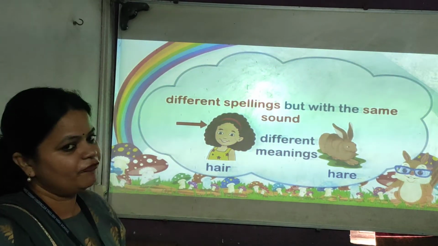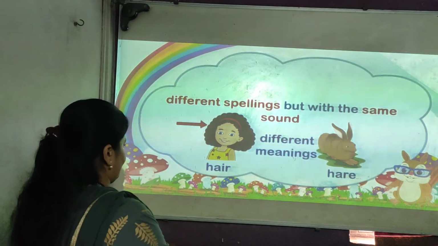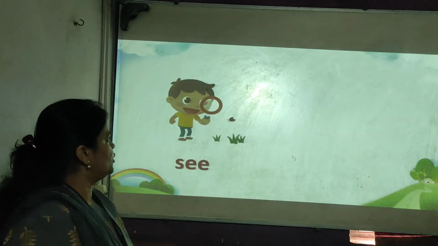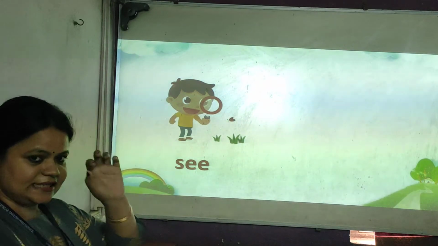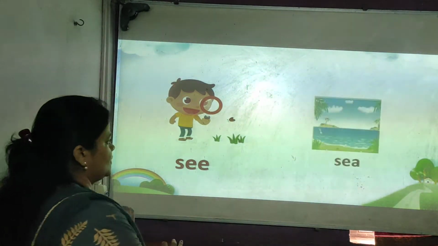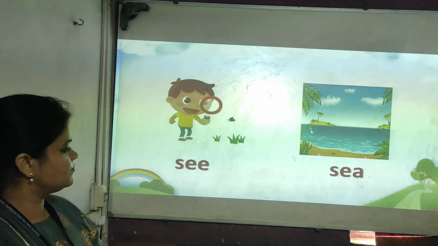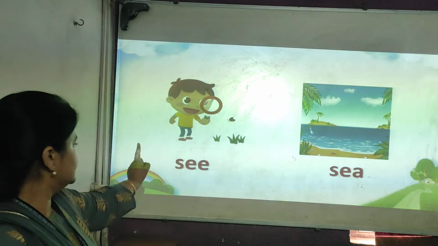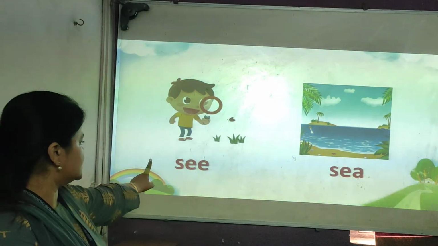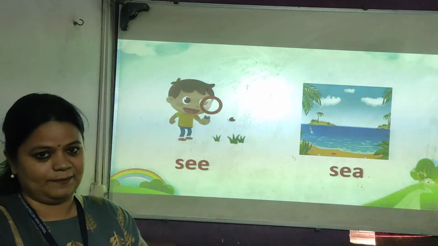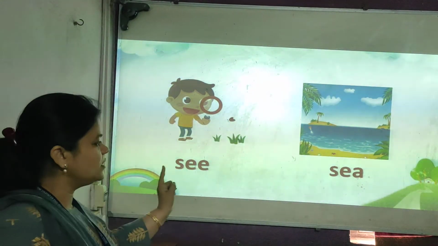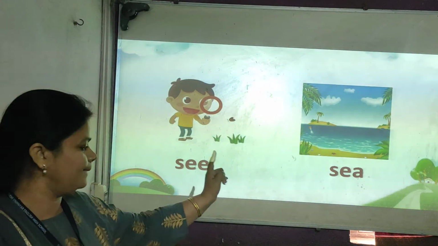So let's see a few examples of this topic. What do you see here? A boy is seeing. In the next picture, see. When you read the words see and sea, they sound the same but both the words have different meanings.